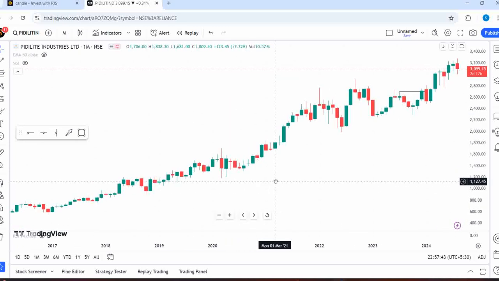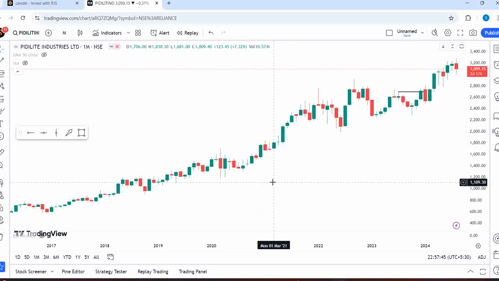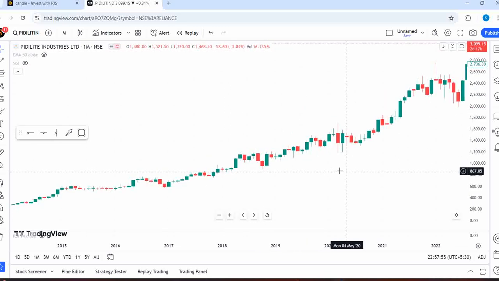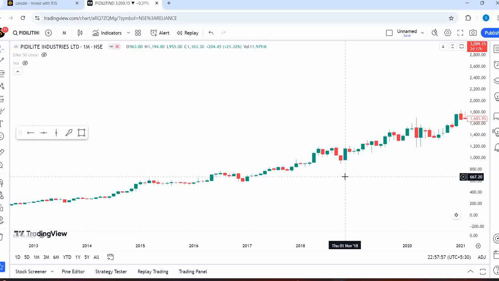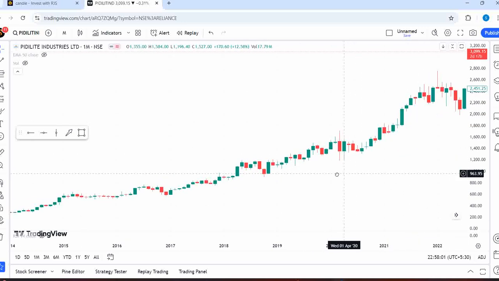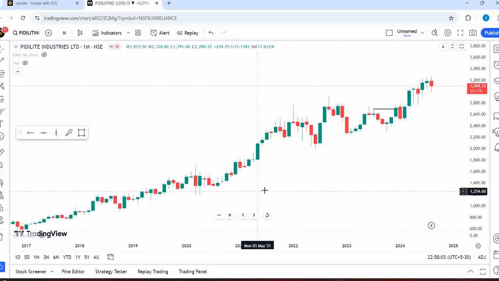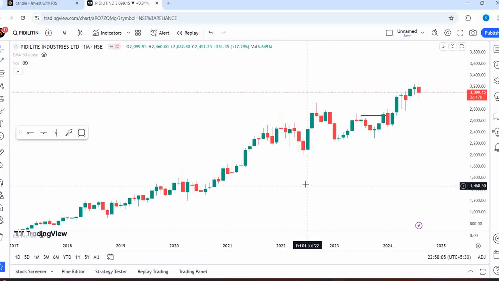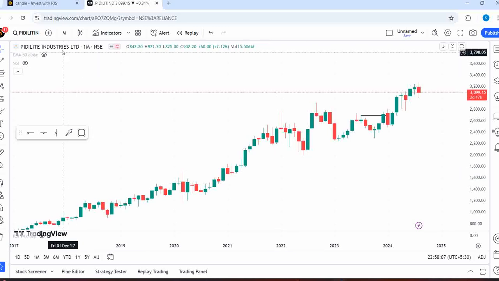Now what is a trend line? The word itself says that we are underlining the trends. Trend means from where to where the company or the candles are going, and where it is unable to cross some levels. Now in the monthly time frame, I'll identify some points.